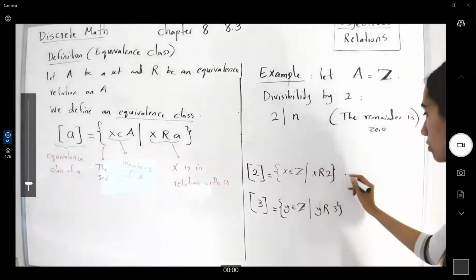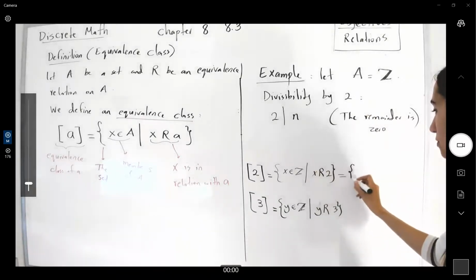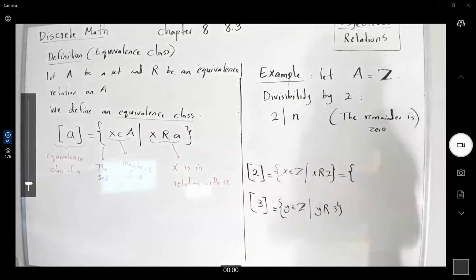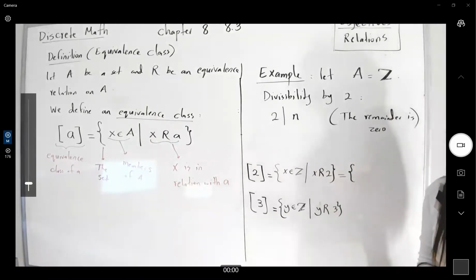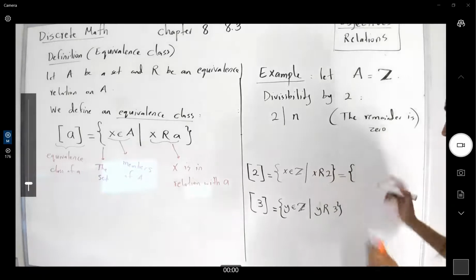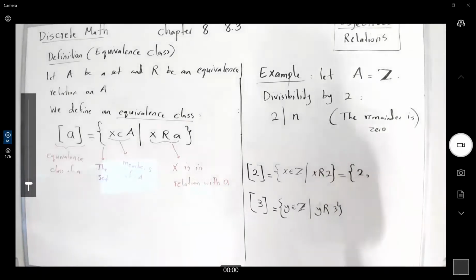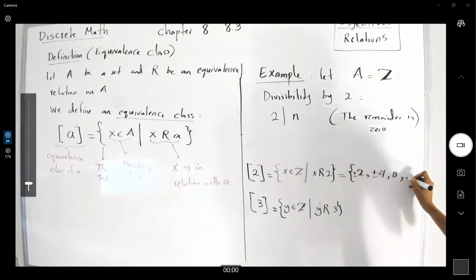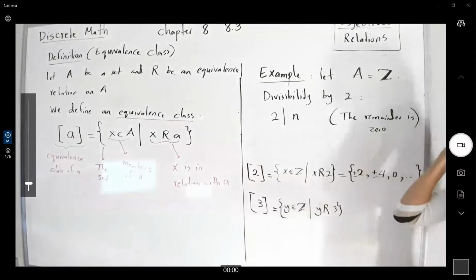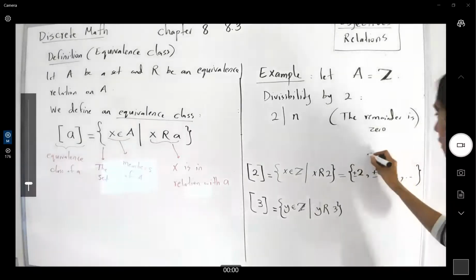So what are those numbers? 2 is one of the options, of course. 3, no. What about 4? Of course. How about 0? Yeah. What about negative 2? So plus or minus 2, those are the options here. Plus or minus 4, plus or minus 6, 0, and the rest of them. So it's going to be the collection of all even numbers.